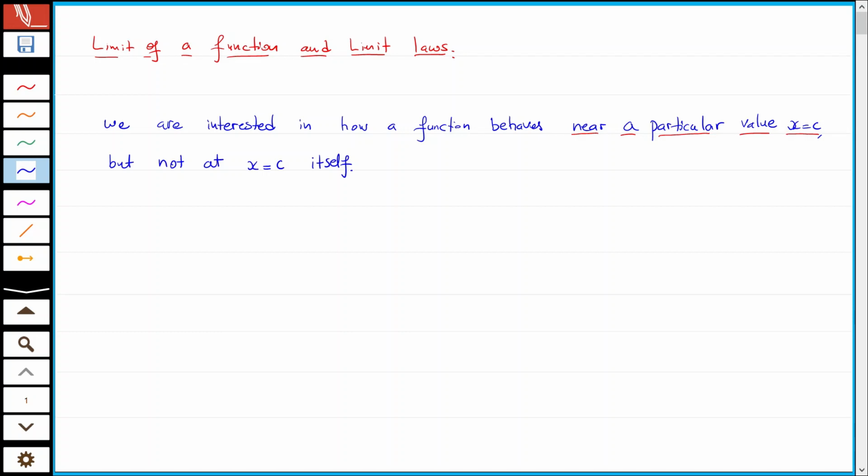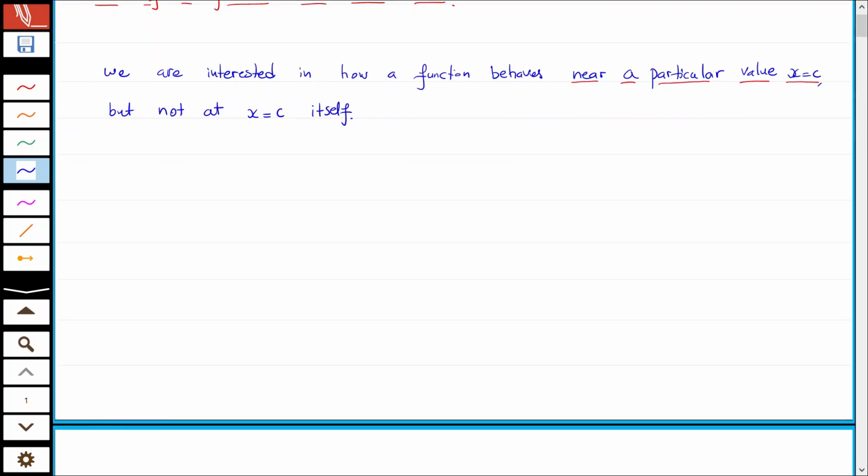And then see, as we move around the value x equals c, what is the response on the y value? How does that behave? As we go close to c, what is happening on the y-axis? For example, I take this function. Let's suppose the graph of the function is something like that.